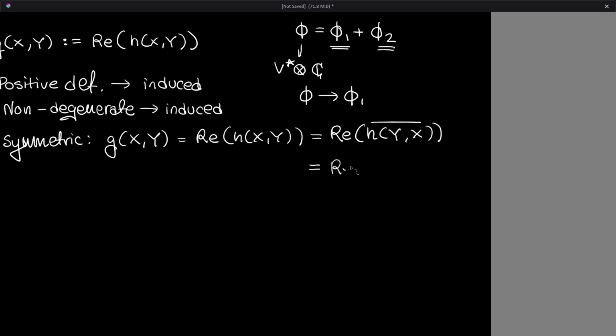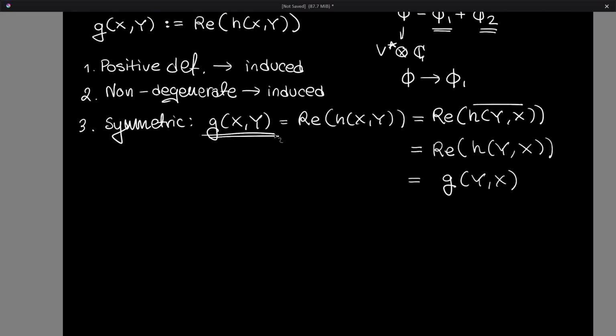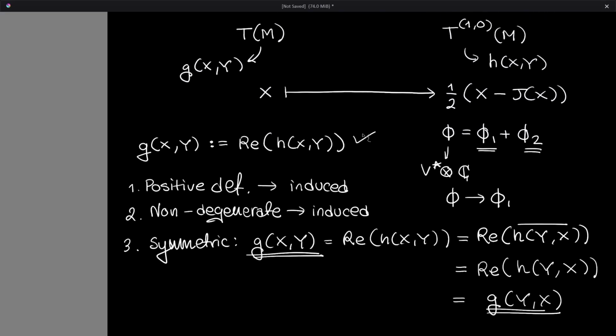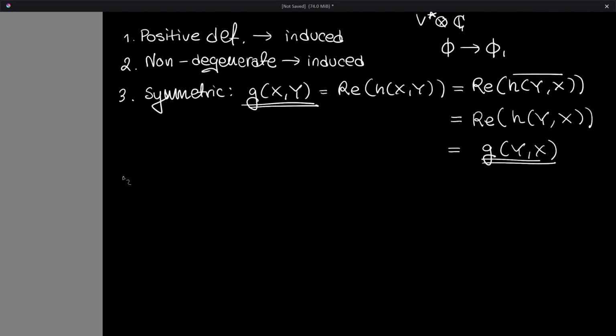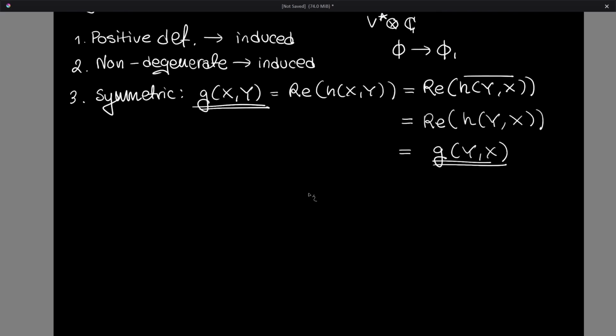So this is the same thing as saying the real part of h of y, x. But this is just the definition of g of y, x. And there we go. g of x, y is equal to g of y, x, which means it's symmetric. So this is a bona fide Riemannian metric.